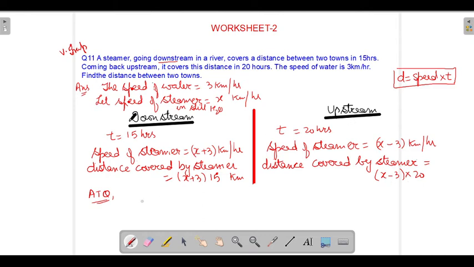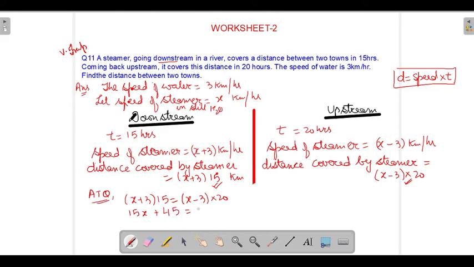So according to the question, these two distances covered by the steamer should be equal, as the distance between the towns is always the same whether you go upstream or downstream.